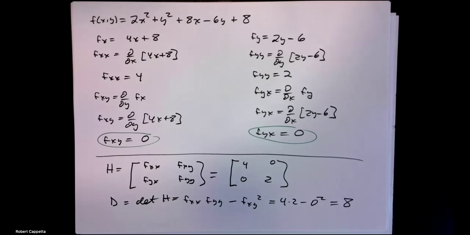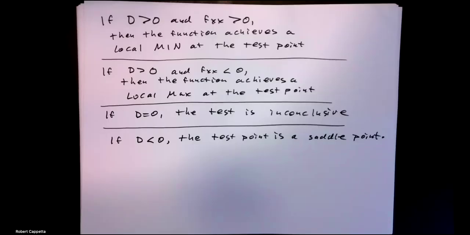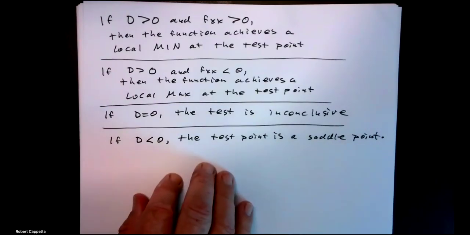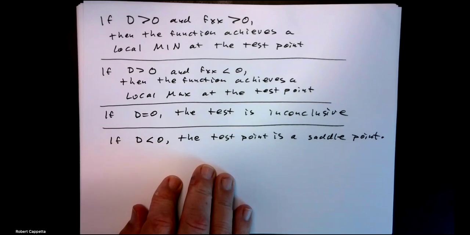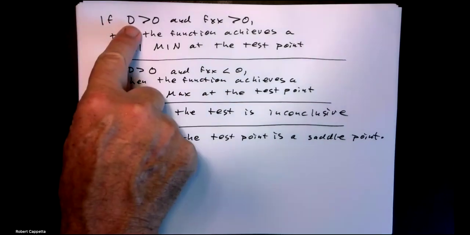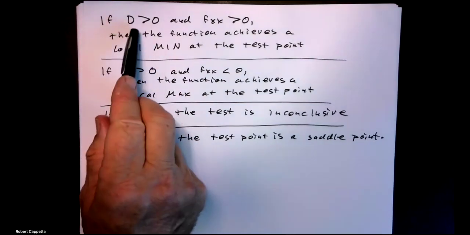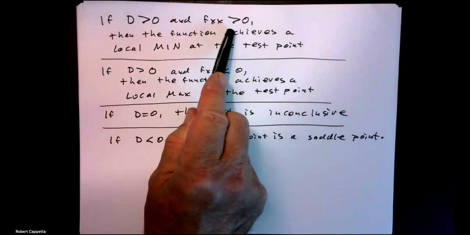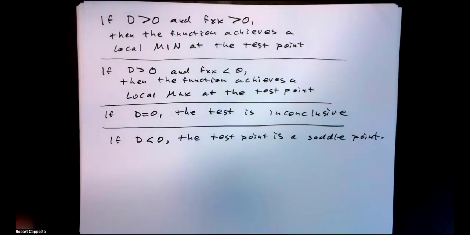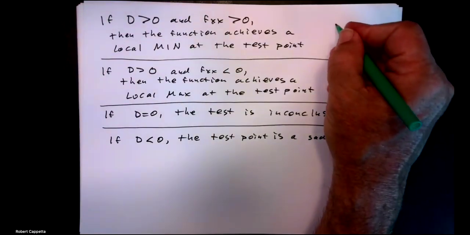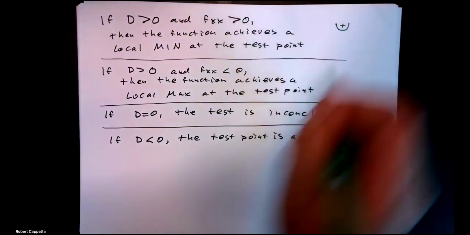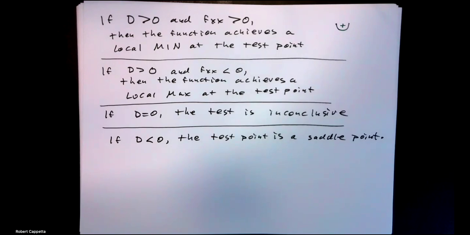So what's the technique we need to use to determine whether we have a minimum, a maximum, or a saddle point? Here are our rules to guide us. We determine the behavior of that test point by looking at the determinant of the Hessian, or D. If D is positive and fxx is positive, the function will achieve a minimum. If fxx is positive, we think concave up from back in one variable calculus.